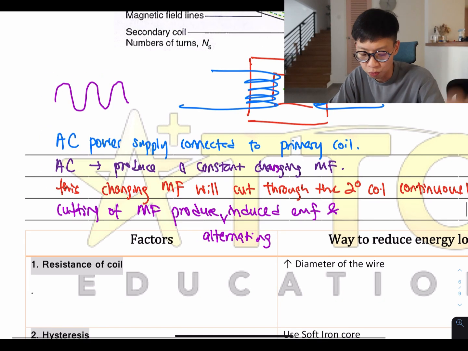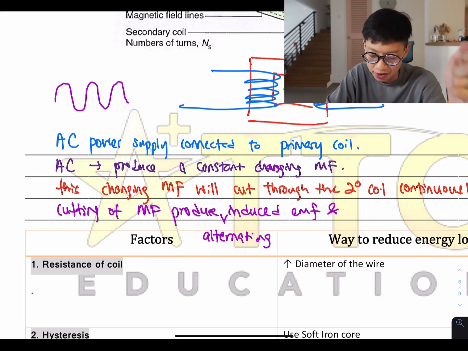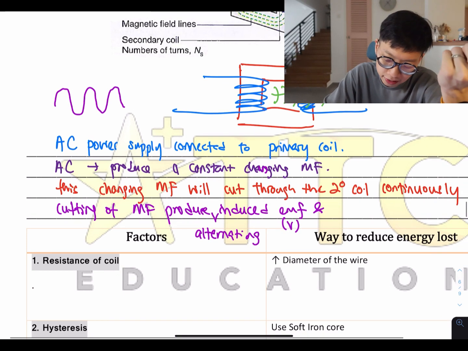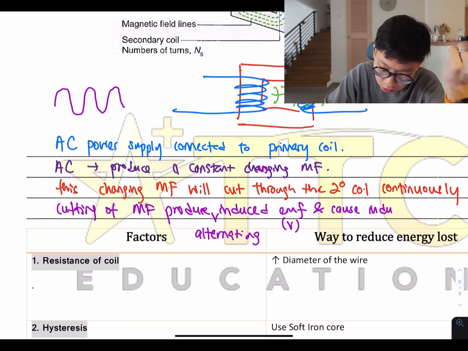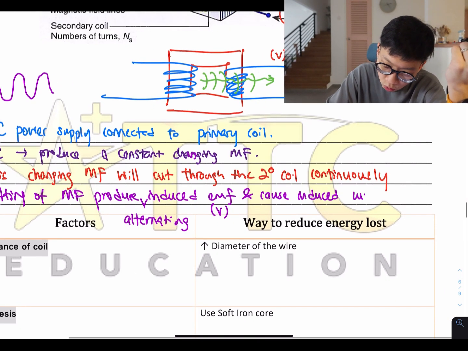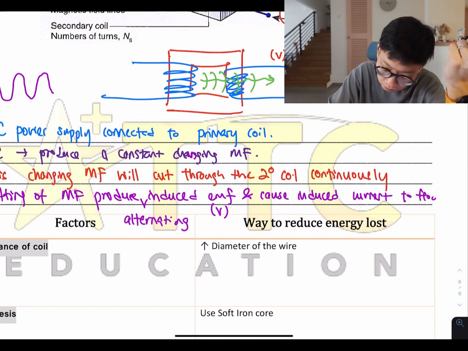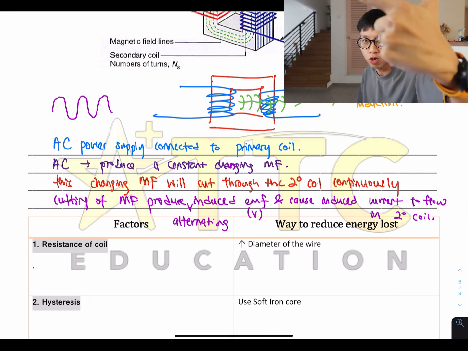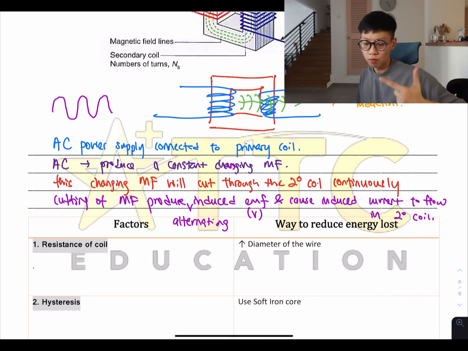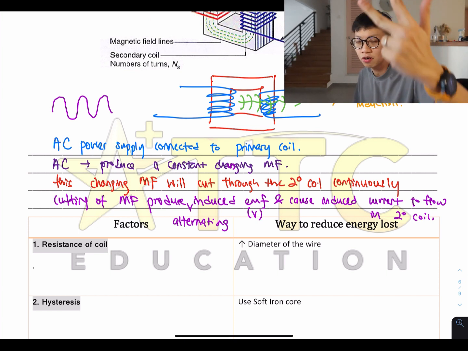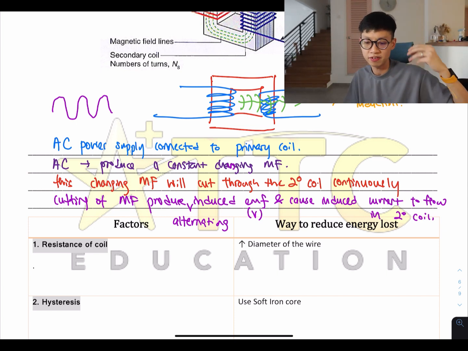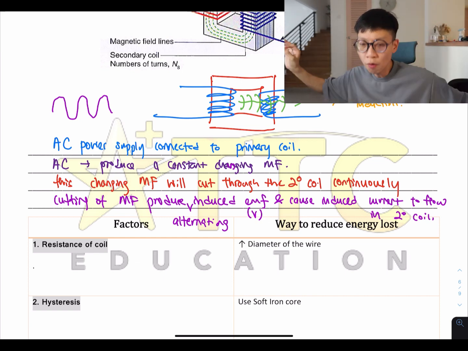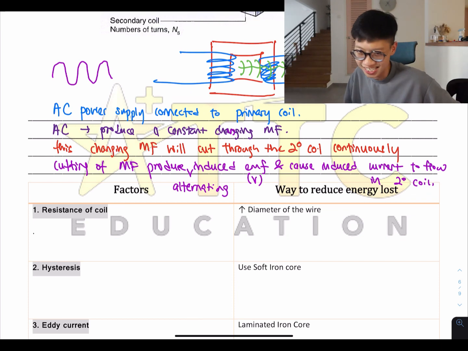So the cutting of magnetic flux will produce alternating induced EMF, which is actually your voltage, and cause induced current to flow in the secondary coil. So we use alternating current. Alternating current can produce constantly changing magnetic flux. The changing magnetic flux will cut the secondary coil. The cutting will produce your induced EMF in your secondary coil. Understand, guys? Okay, so if you have no problem, I'm going to give you a bonus section here.